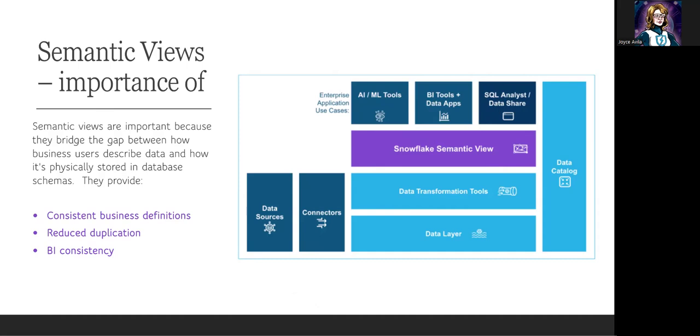In addition, there's reduced duplication because centralized business logic means technical analysts don't re-implement the same calculations in every query. As such, business users get uniform metrics and dimensions across all tools. AI accuracy is improved because Cortex Analyst uses semantic view definitions to generate the correct SQL that's used by AI.